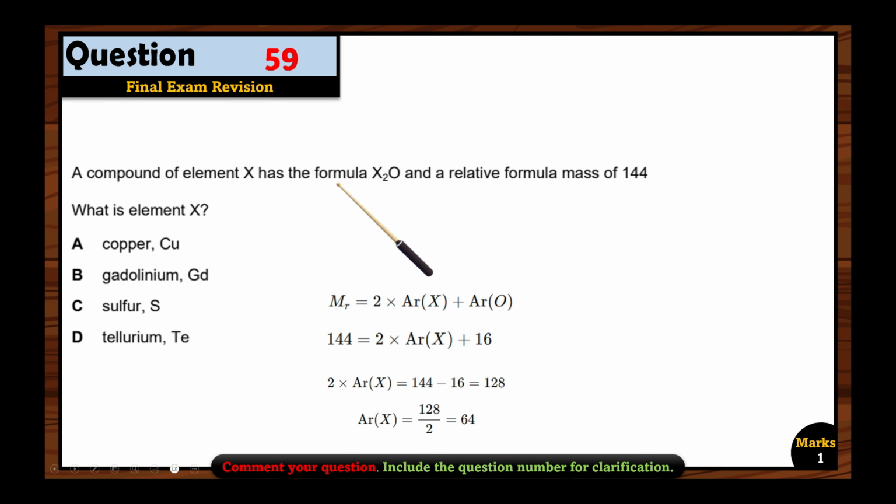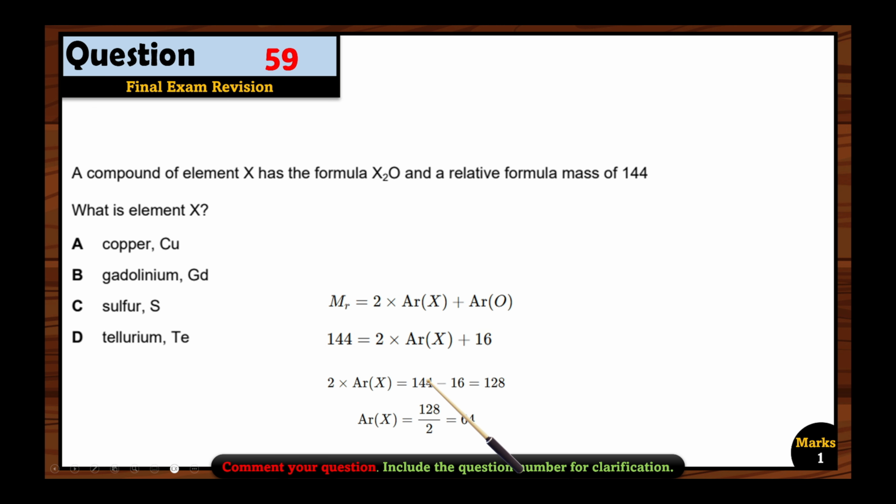Question 59. A compound of element X has the formula X2O and a relative formula mass of 144. What is the element X? Again, this is the same question repeated with different options and different values. The relative formula mass is always equal to the sum of all the atomic masses, right? So the sum of this mass is 2 times X, and then O. X we don't know, we have to calculate. 16 we already know for oxygen.